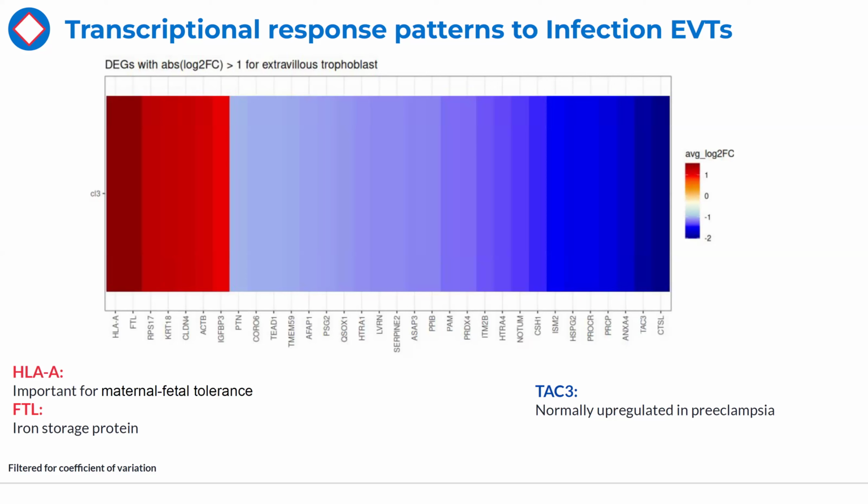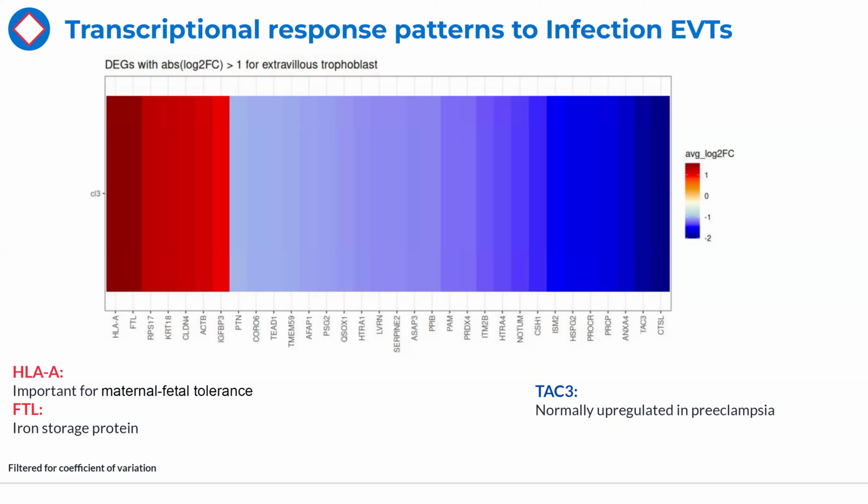So this is just a selection of genes with a fold change higher than 1. We see, for example, overexpression of HLA, which is important for maternal fetal tolerance. And a disruption in the gene expression in both directions here can have major impacts on the pregnancy. We also have FTL overexpressed, which is an iron storage protein. That might make more sense a little bit later.